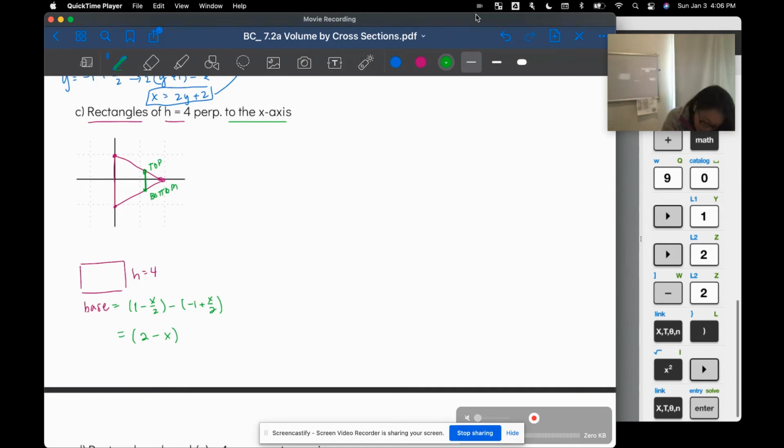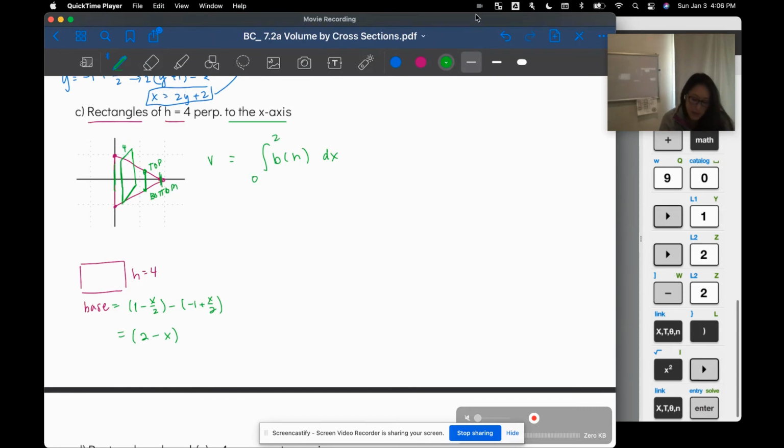So out from there is going to be a rectangle with a height of 4. Okay, and then the base always changes. So what I'm going to end up doing is saying that the area is the base times the height, dx, and my bounds are going to be between 0 to 2.